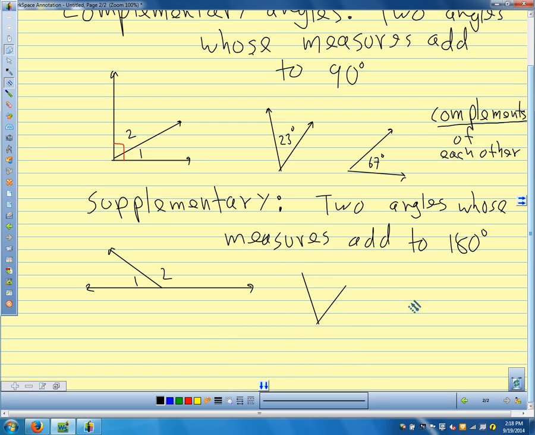So we could have something like this, and something like that. I know my drawings aren't perfect, but that's okay. And this could be 57 degrees, for example, and this could be 123 degrees. And these two would be supplementary because 57 and 123 add to 180.